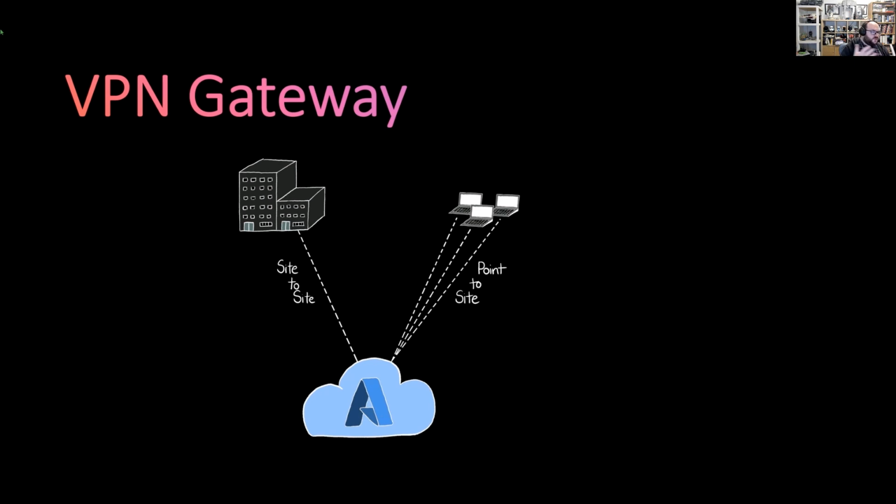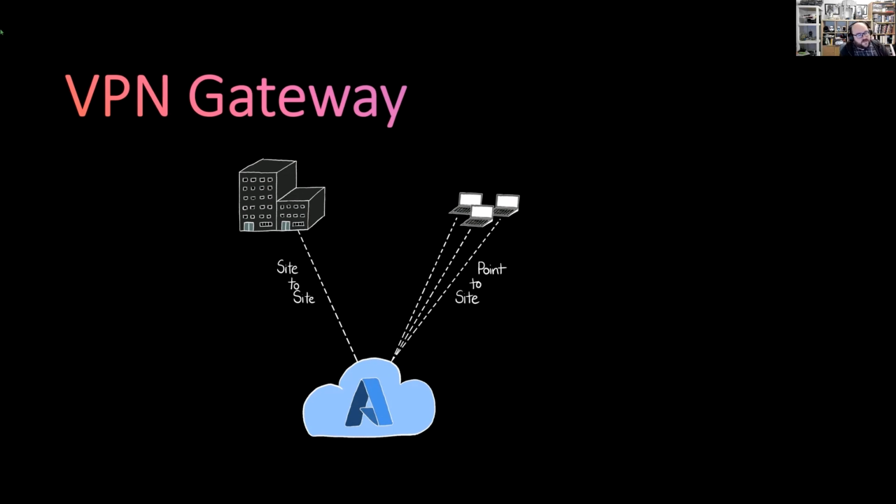There are two primary types of VPN configuration that you can use: site to site and point to site. As the names hopefully suggest, site to site is where you're connecting a site to Azure. This is where you've got an office building, headquarters or branch office that you want to connect to Azure as a whole.